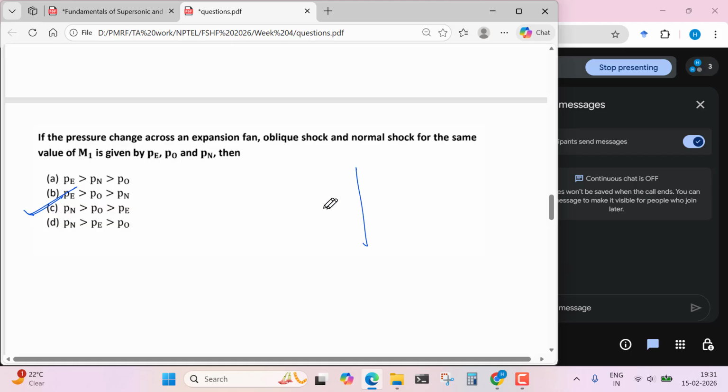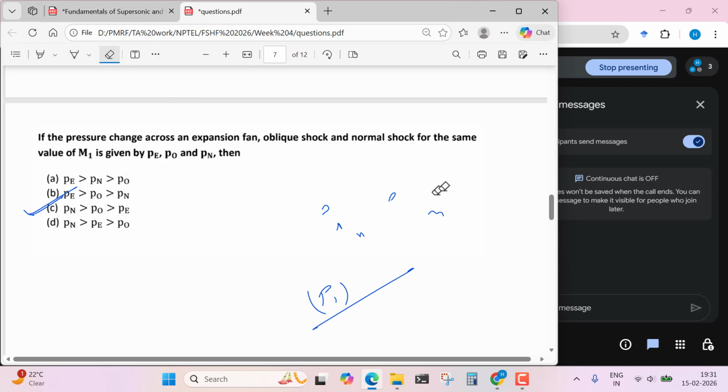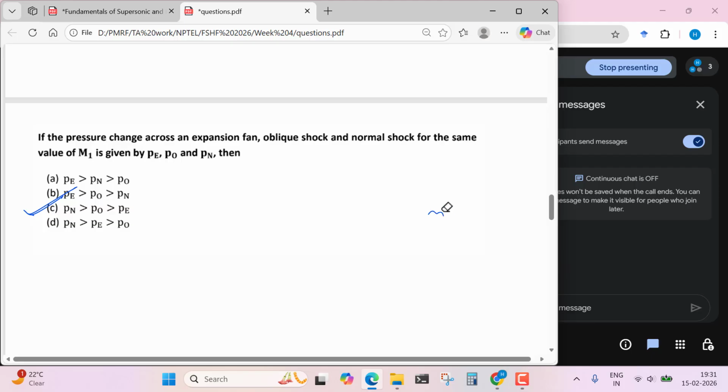Because let's say there is a normal shock, here pressure is P1, here pressure is P2N. And there is an oblique shock, here is P1 pressure, here is P2O.